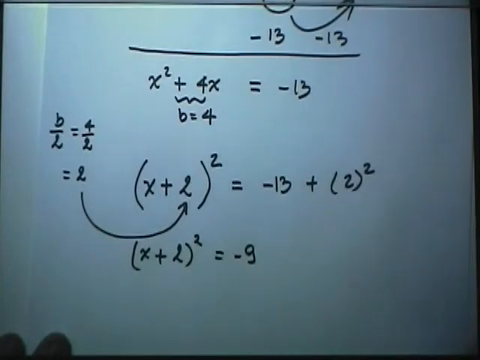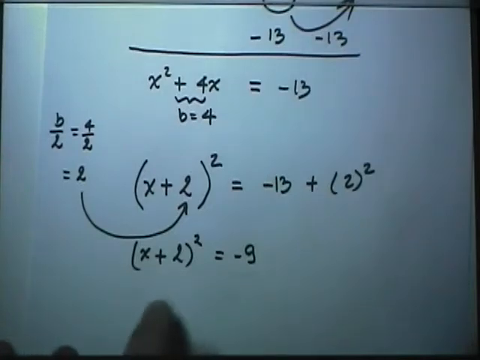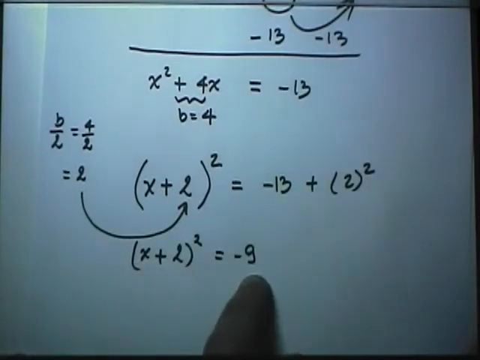Okay? Minus 9. So now once again, at this point right here, we can use the square root property, because the point here is that we got a perfect square on the left side, and we have a number on the right side.